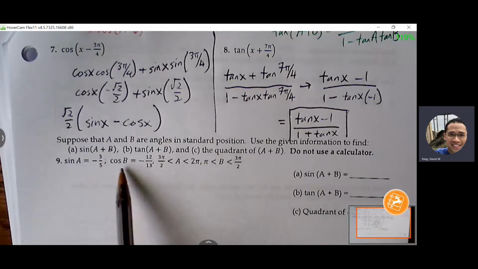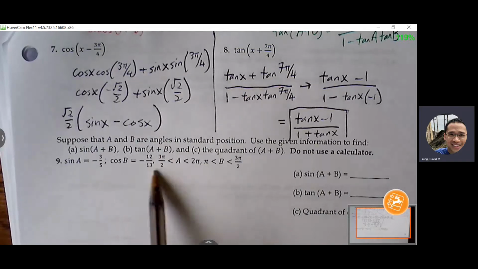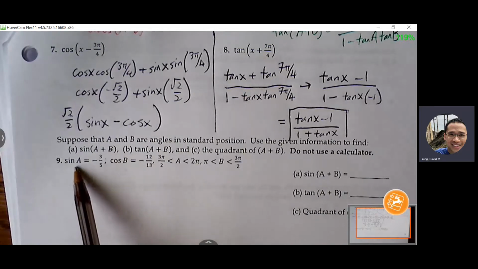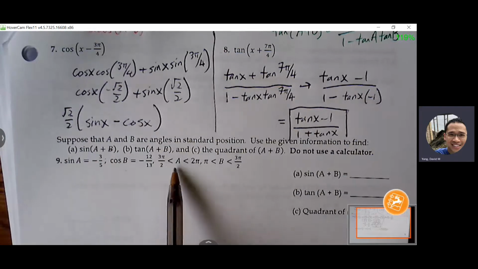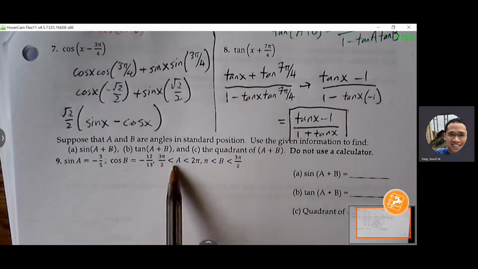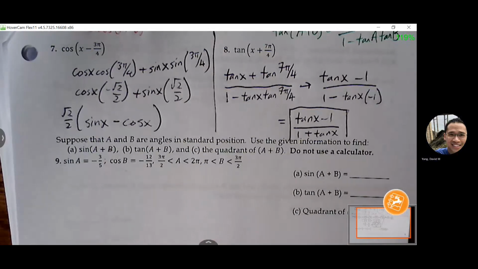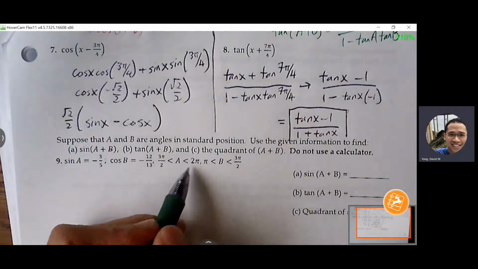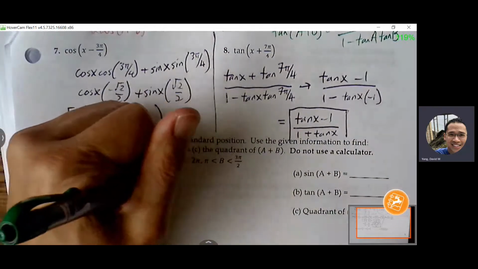Get all this information gathered before we jump into sine of A plus B. So let's figure out what we can gather just from that sine of A equals -3/5. Where's angle A located? Between 3 pi over 2 and 2 pi, so that's quadrant 4.